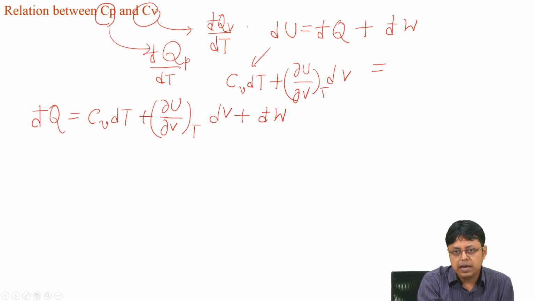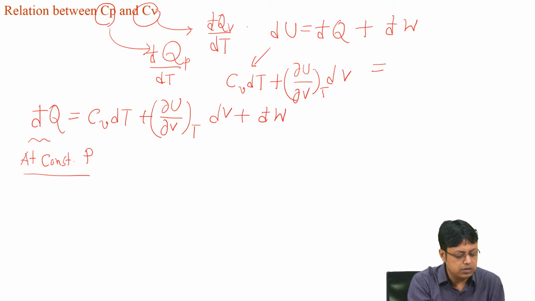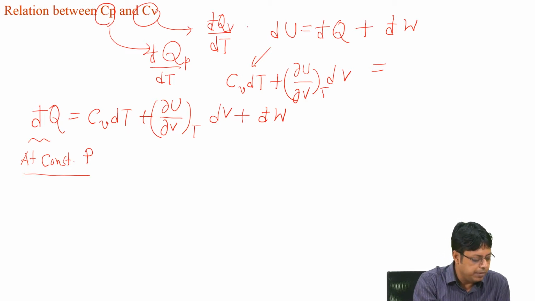Now in order to get a relation between Cp and Cv, I have to write this đq_P as Cp. So we are considering a constant pressure process. So at constant pressure, what will happen?